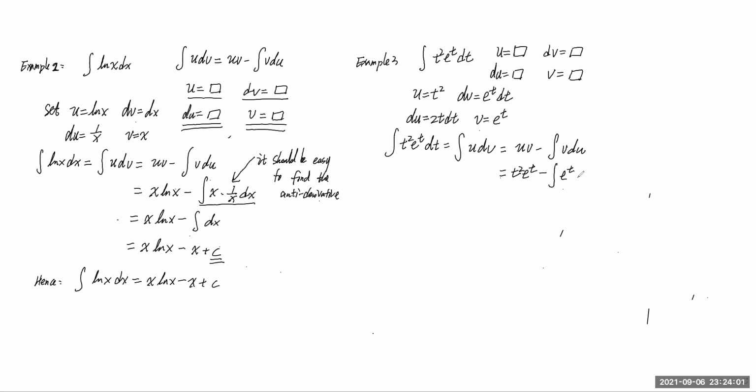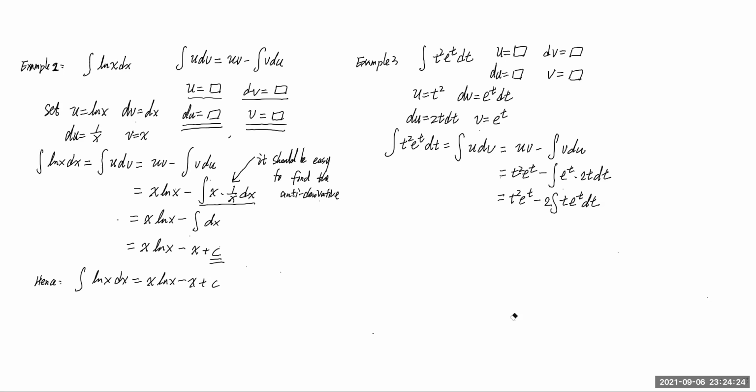What's du? du is 2t dt. So let's just rewrite it. So this is minus the integral of 2t e^t dt.